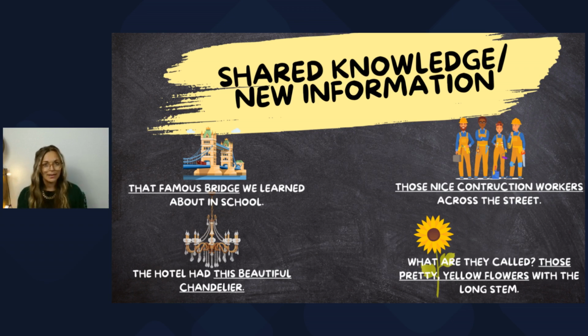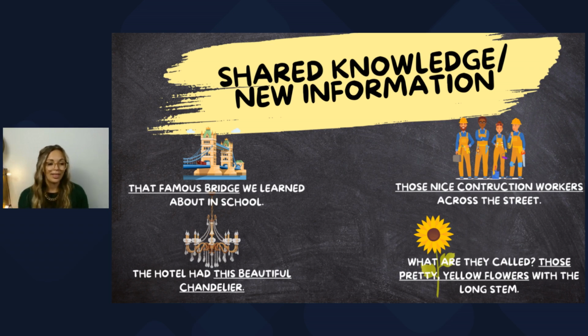We sometimes will explain to our listener about shared knowledge or things that they also know. Maybe it was a situation you were in together with the listener, or you want to provide them with some new information. So maybe this is telling a story, explaining something.